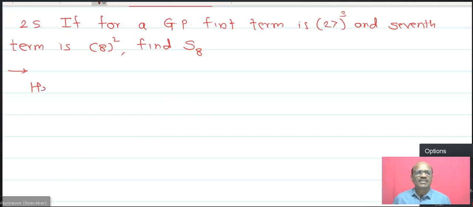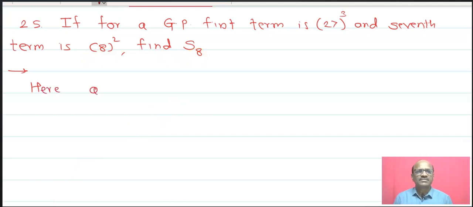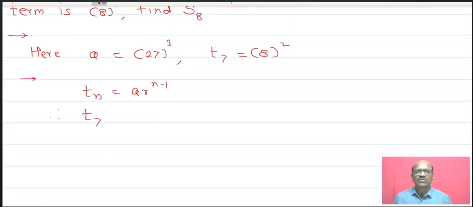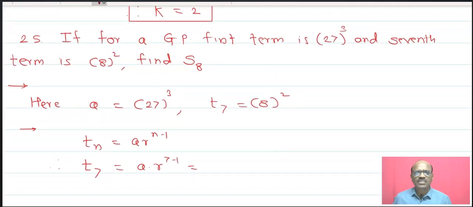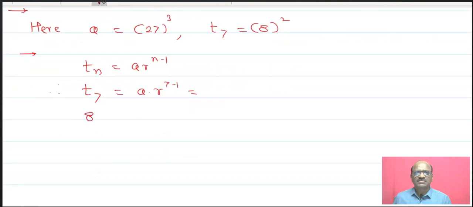That's why now here a is equal to 27 raised to 3, T7 is equal to 8 square. Now the value of Tn is equal to a into r raised to n minus 1. T7 is equal to a into r raised to n minus 1.